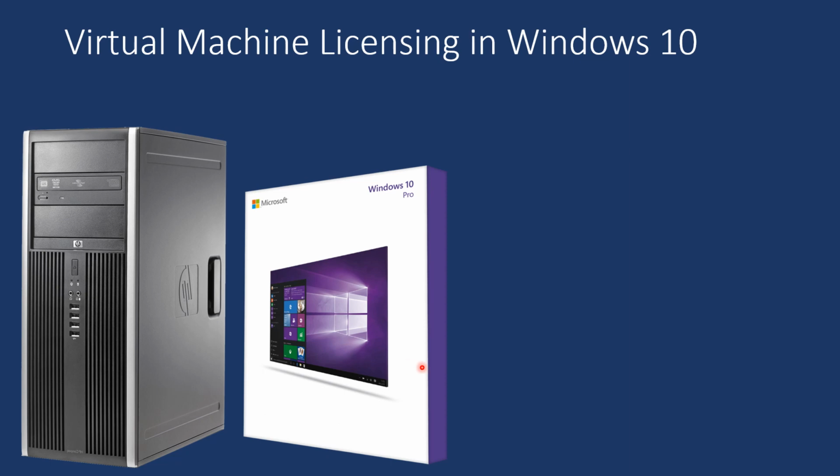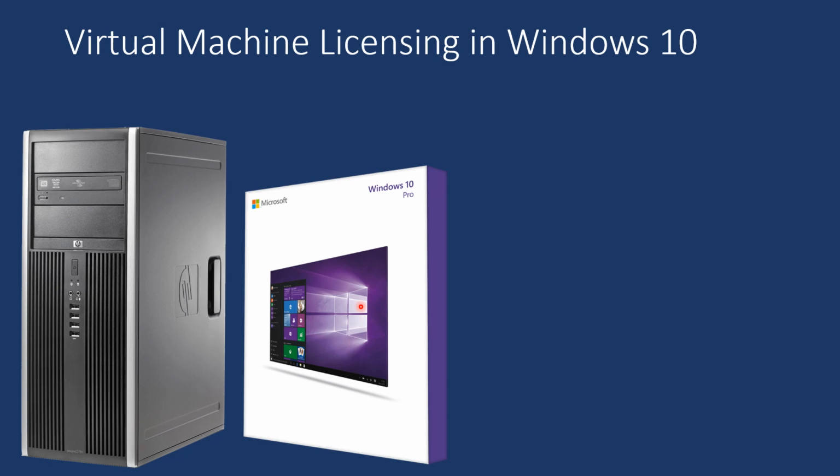Now, let us see how things work from the client operating system. Let us assume you have a computer and you bought the Windows 10 operating system. Of course, if it is Windows 10 Pro, as we will see, you can enable Hyper-V. But are you legally allowed to create a virtual machine and install the same Windows license?